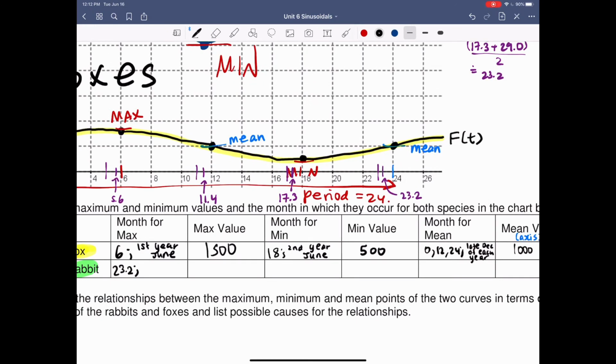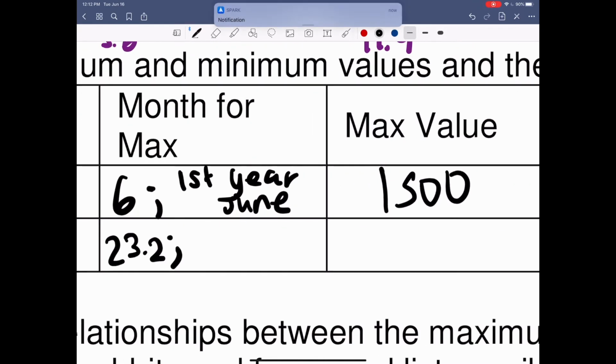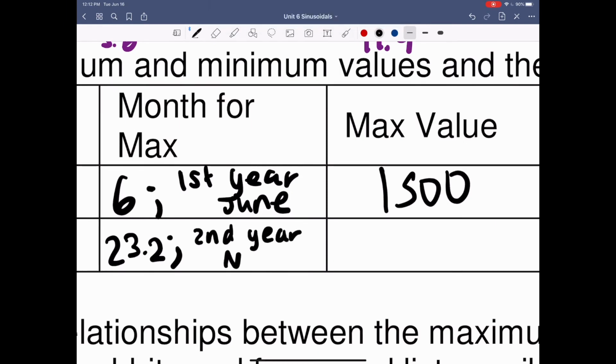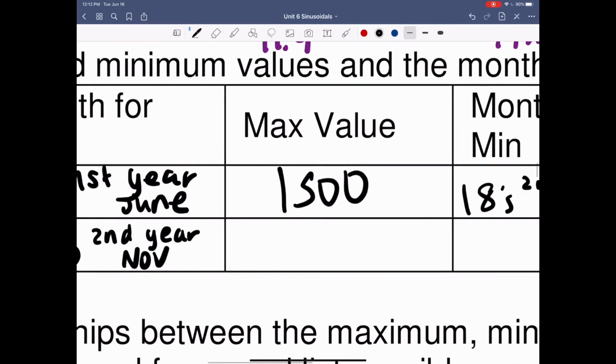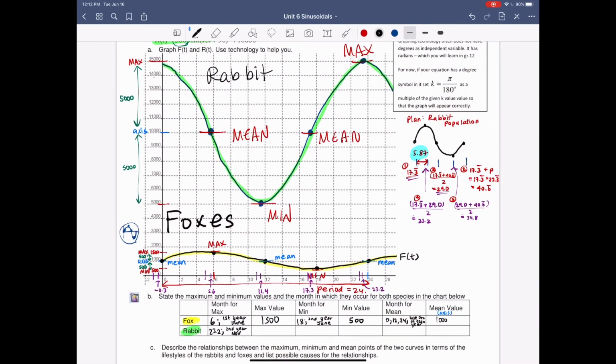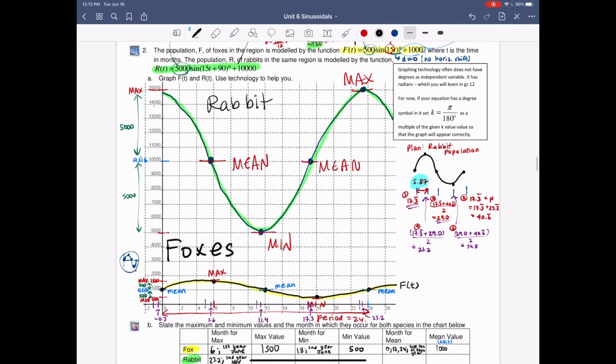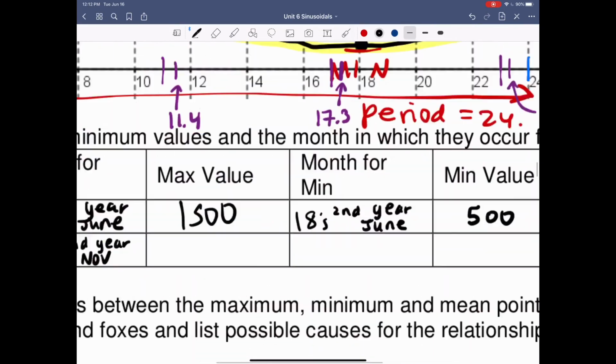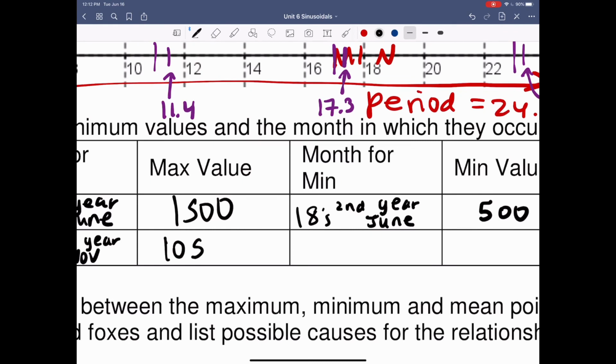Well, in your head, you might do 23.2 minus 12, and you get approximately 11.2. 11.2 puts you around November, so you can say second year November. It's not the first year November, but the second year November. What is the max value? It is 10,000 plus 5,000, which makes 15,000.